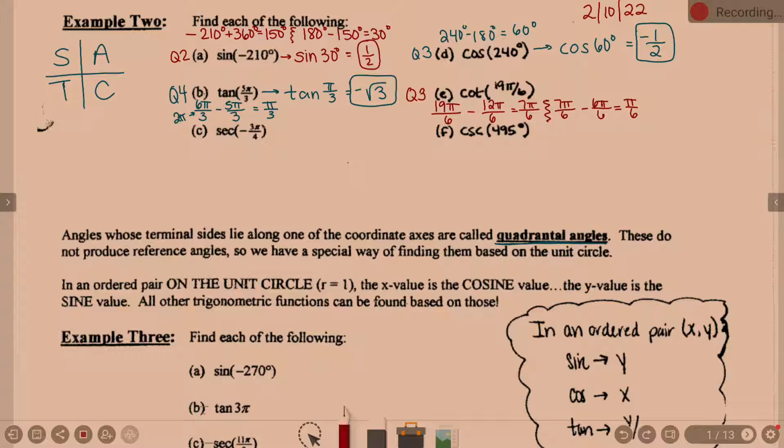So that means I'm going to actually be doing the cotangent of pi over 6, but in quadrant 3.